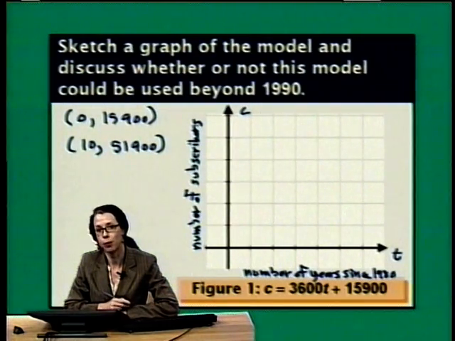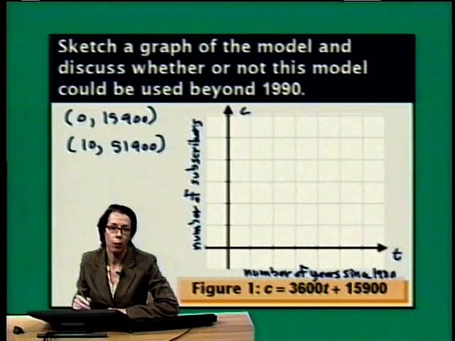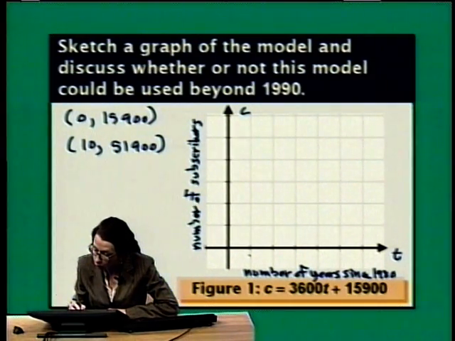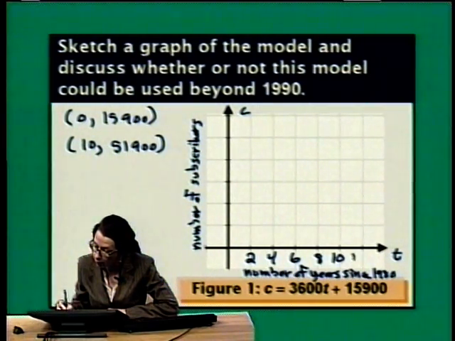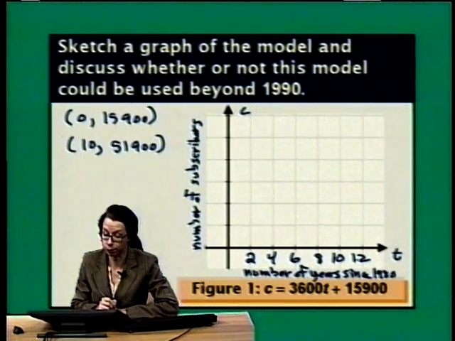So now let's think about a scale. I'm going to use a scale of 2 because I want to get through the 80s on my horizontal axis. So here I have 1982, 1984, 1986, 1988, 1990, and we'll look a little bit into the future, well, from the perspective of the 80s, and look at 1992.